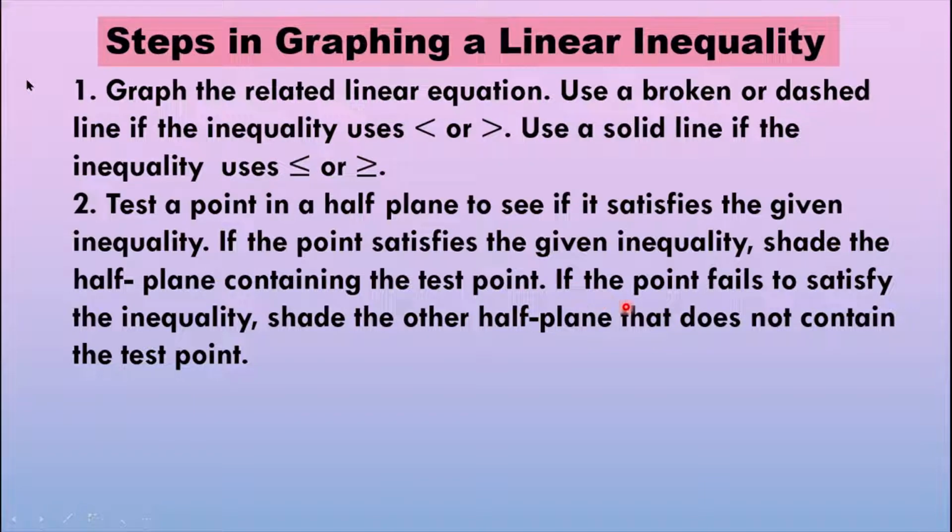If the point fails to satisfy the inequality, shade the other half plane that does not contain the test point. Doon tayo sa kabila mag-shade kung saan wala doon yung ginamit nating test point.